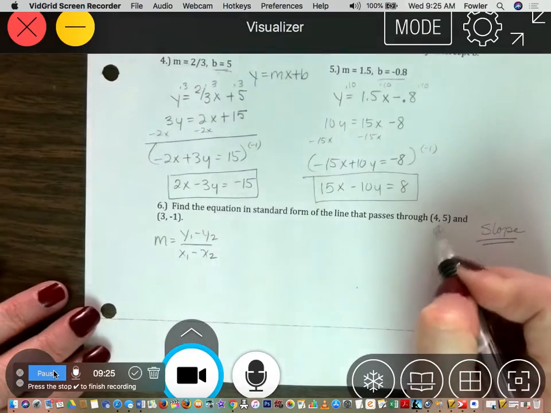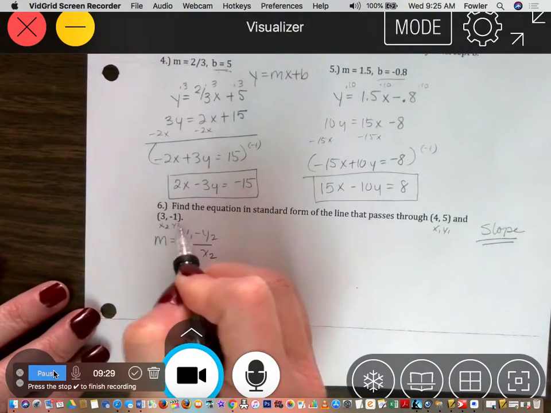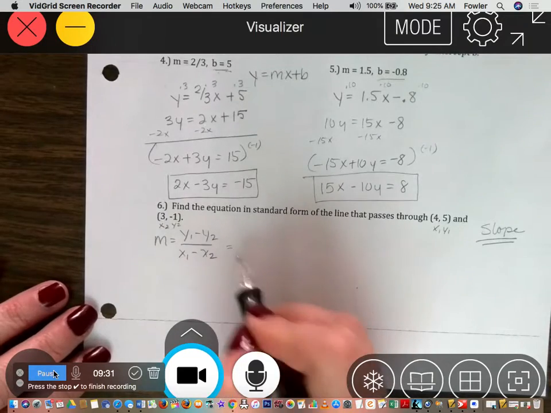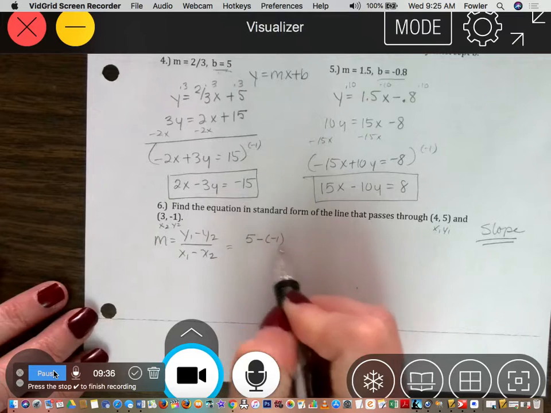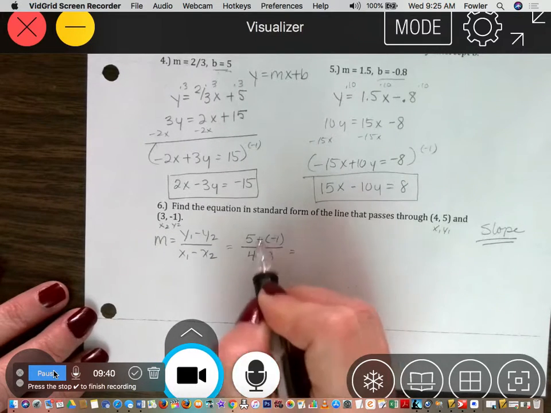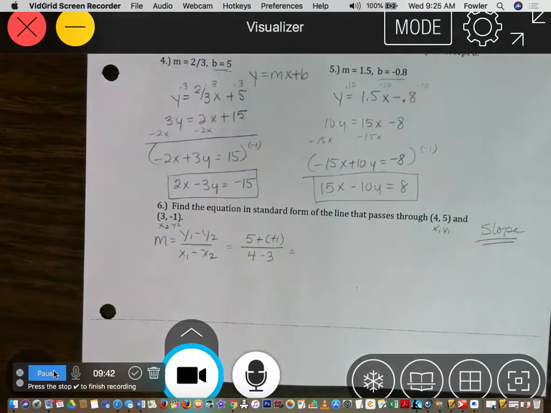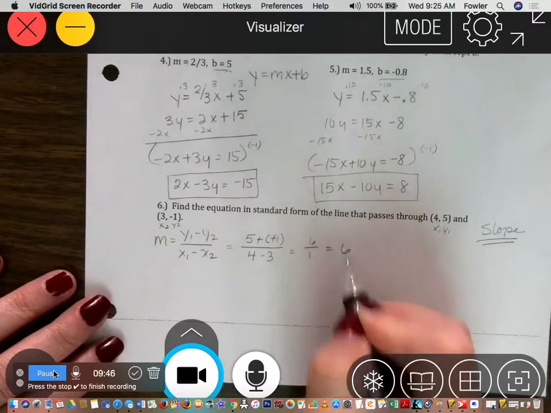So just designating what your points are, it doesn't matter. x2, y2. If I have 5 minus a negative 1 over 4 minus 3, I end up with, what do I end up with? You guys end up with a 6 over 1, so just 6.